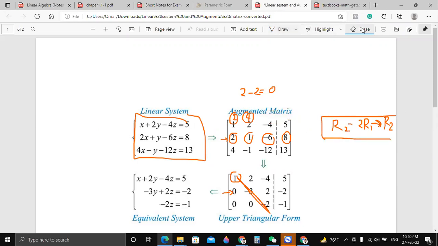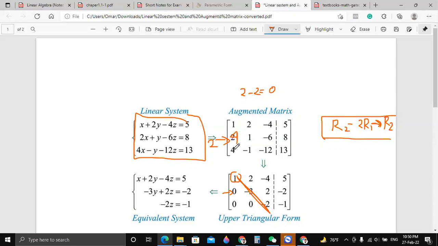Now let's work on the third row. So we have to think, how can we make 0? If I do the same thing, if I multiply 2 here, it will make 4, right?